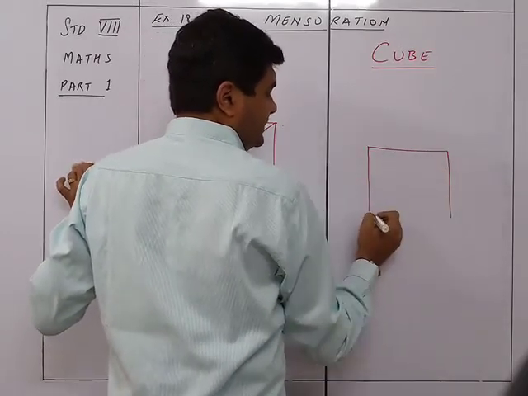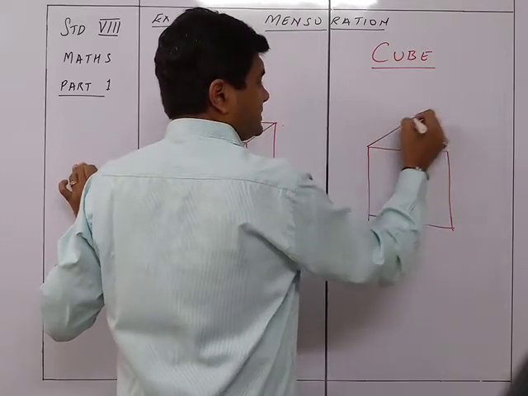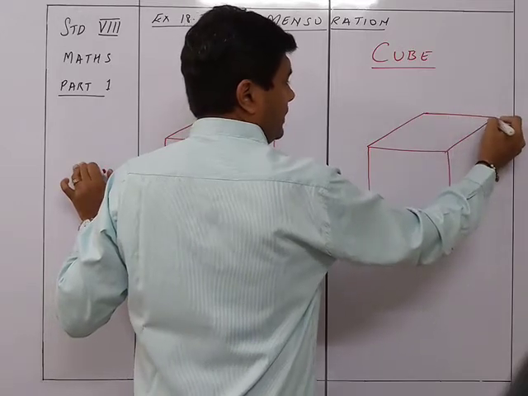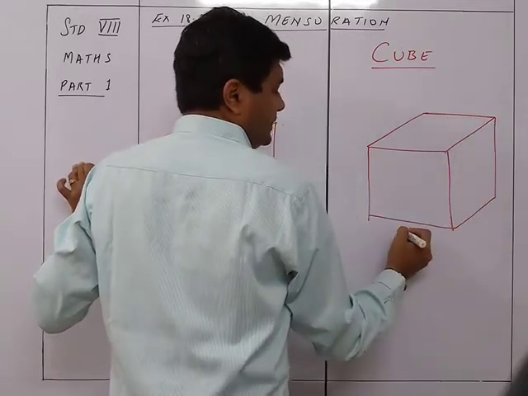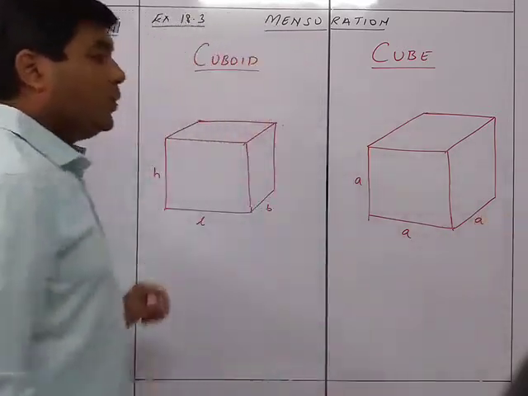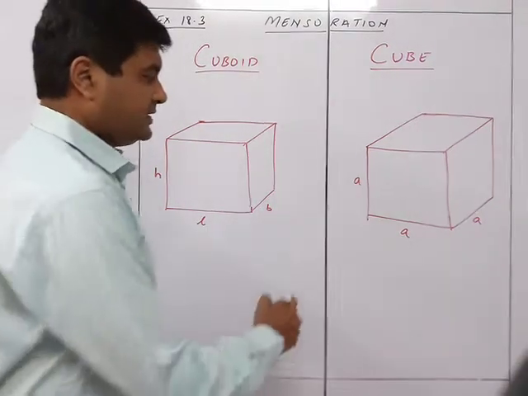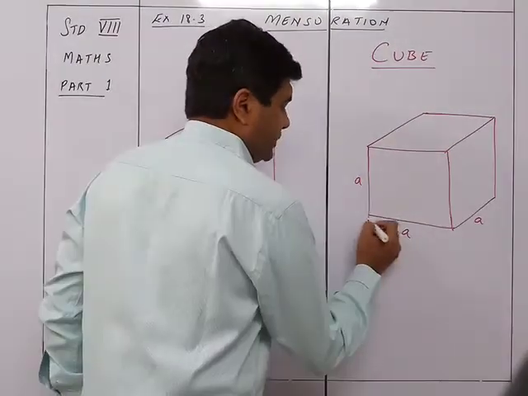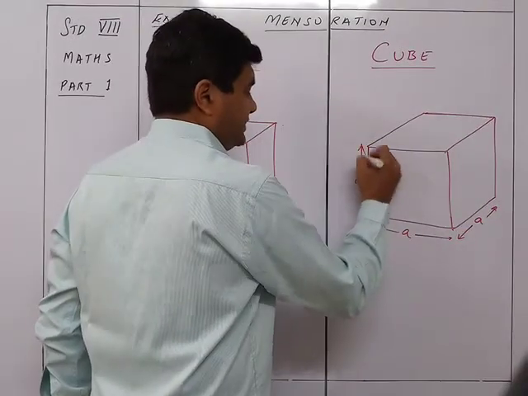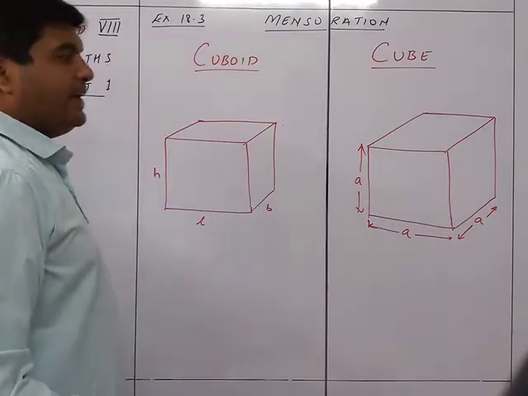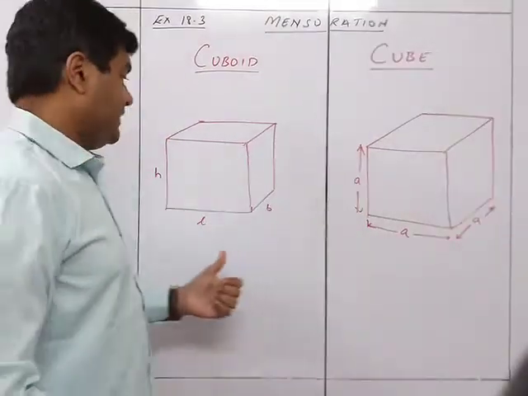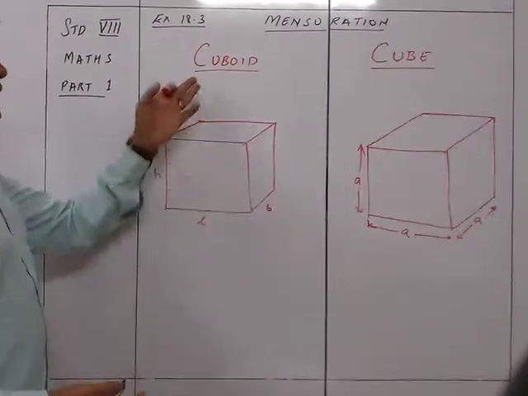So if this is a square over here, and this is also going to be a square like this, and accordingly a square like this, then the length is A, the height is A, and the breadth is A. So if the length, breadth and height all three are the same, we call it a cube. Whereas if the length, breadth and height are different, we'll call it a cuboid.